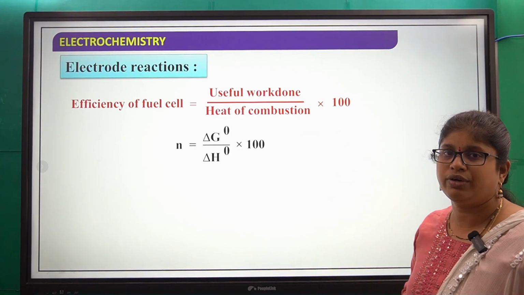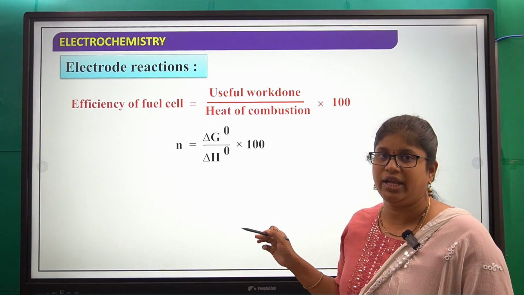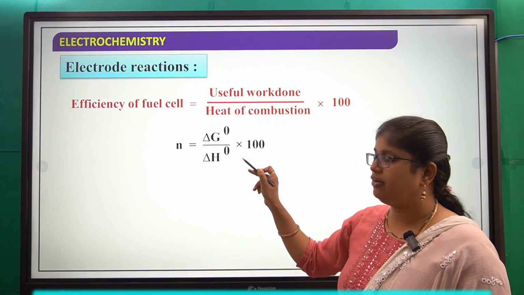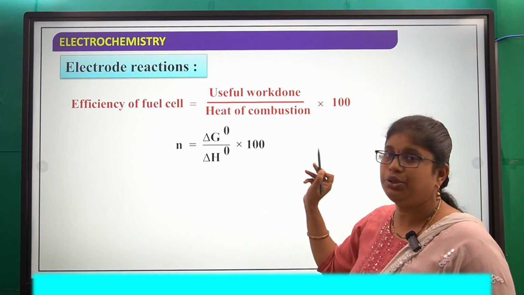So what is the useful work done here? That is delta G naught, the Gibbs free energy, divided by the heat of combustion delta H naught, into 100.